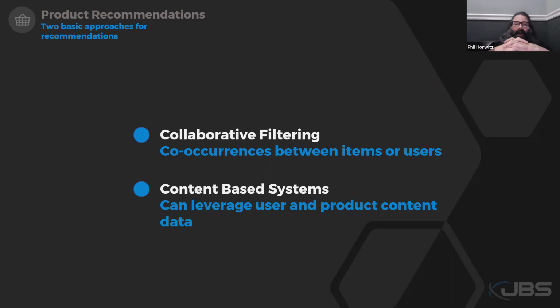So the idea is that I have a customer that has bought a certain amount of products, and I'm going to compare him with the rest of my customer base, see what kinds of products they may have purchased, see what kind of similarities I may find for this particular user, and then extrapolate based on that what my recommendations should be.